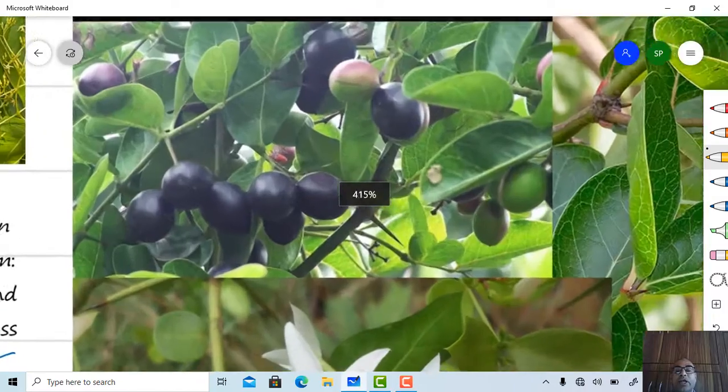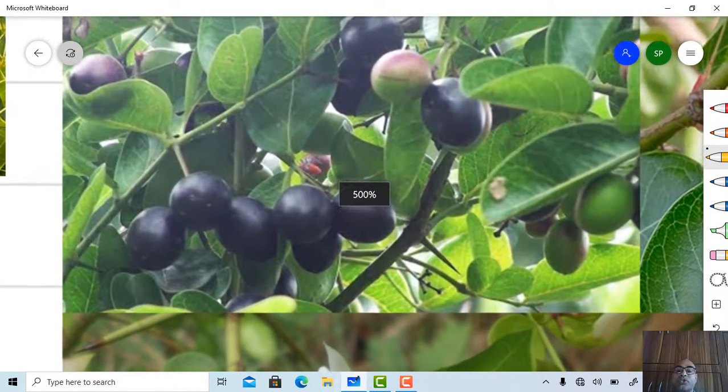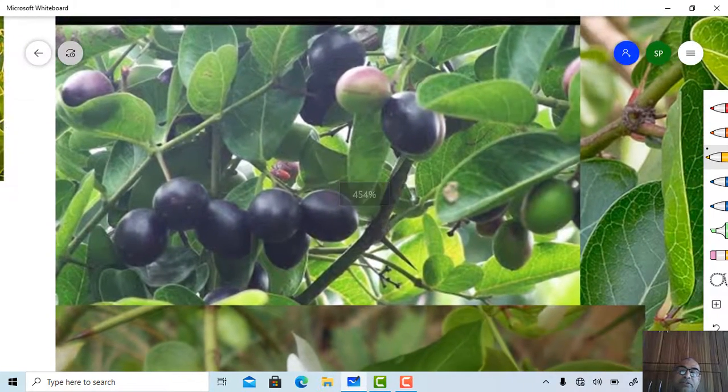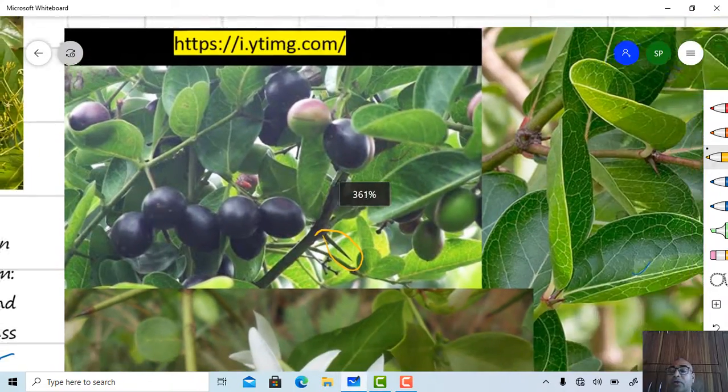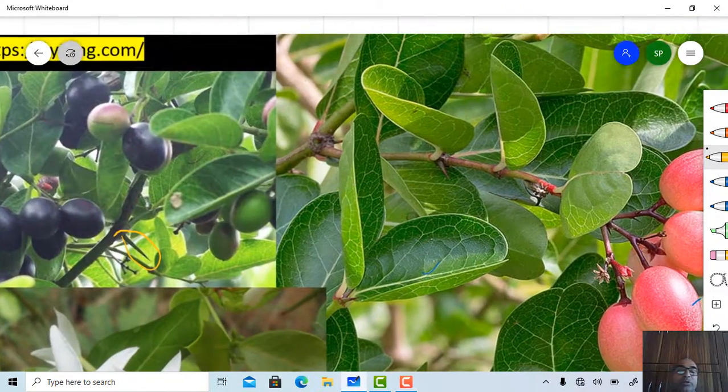Just observe the type of fruits here as well as the nature of spines which are present in this family. You may observe again these are the spines. See the nature of the leaves.